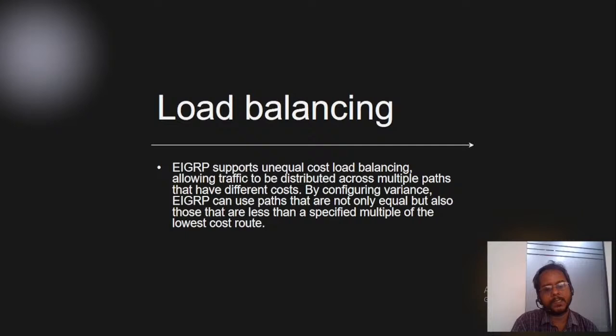So any other path should be within the FD limit. So you have to use a variance multiplier so that other paths can also fall inside that range. That is a unique feature of EIGRP, the unequal cost balancing feature.